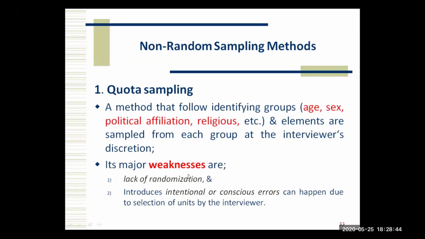The major weakness of this method is that it lacks randomization. That means it will not give equal chance for all elements to be included in the sample. It can also introduce intentional or conscious error, due to the selection of units by the interviewers.